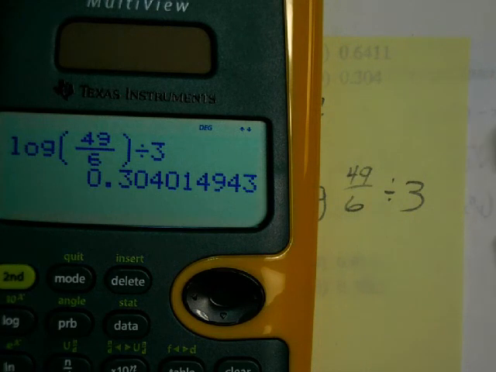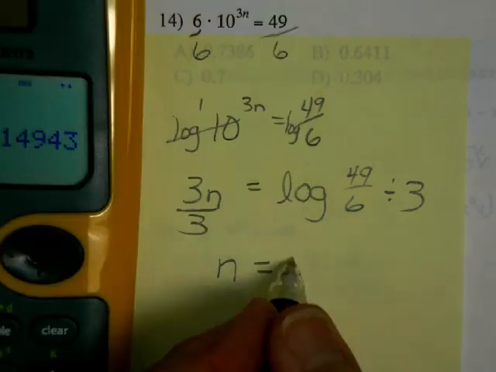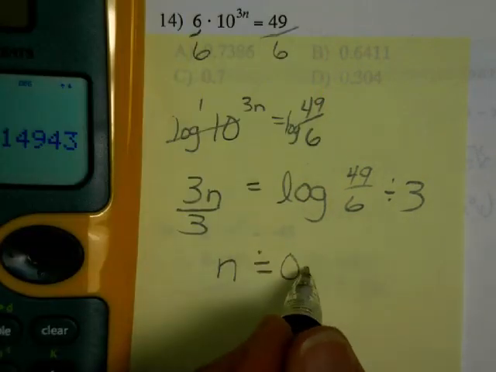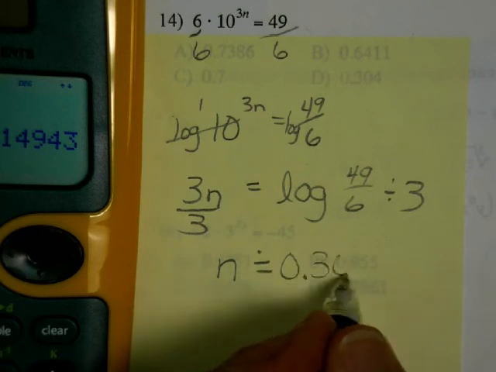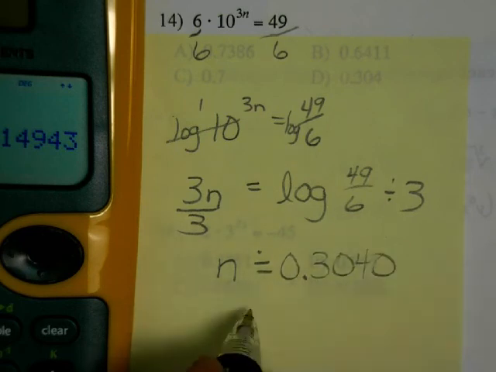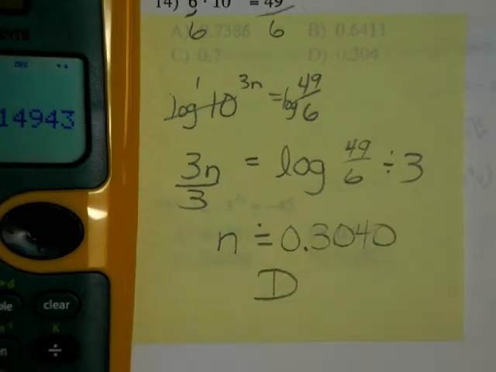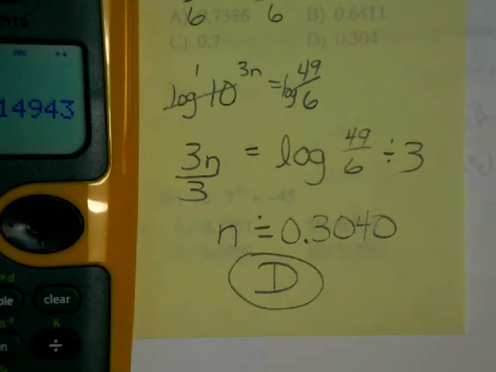Because otherwise, it's going to let you down. So I see letter D. It's about 0.3040. So letter D.